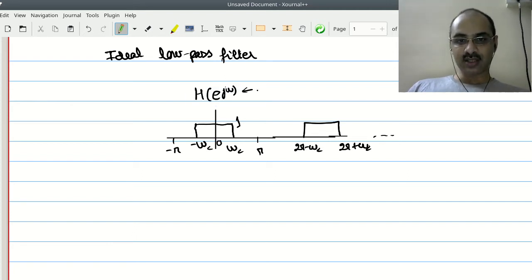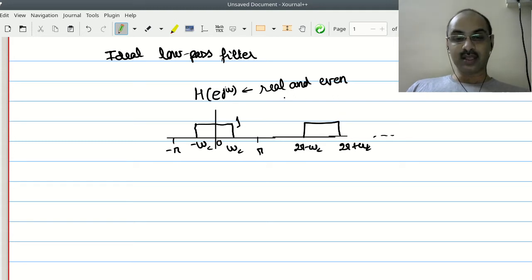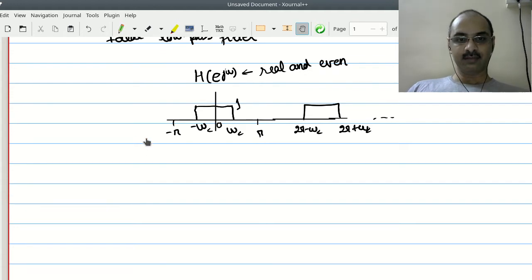So this is actually real and even. If you remember the properties of the discrete time Fourier transform, a real and even sequence has a real and even DTFT, which means the inverse DTFT must be real and even. Let us find out what the h[n] that corresponds to this sequence is.